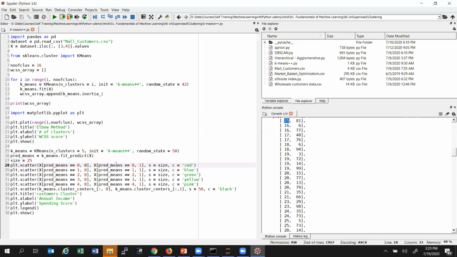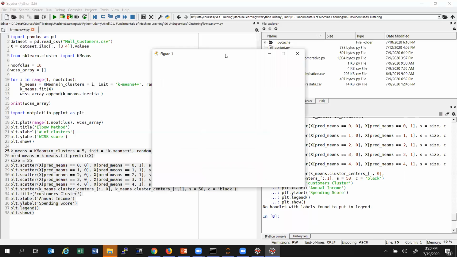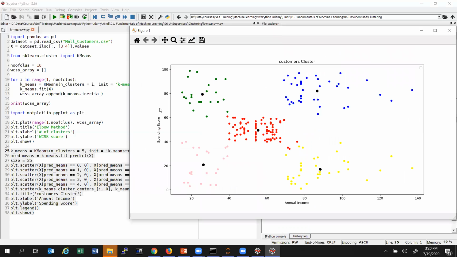And y coordinate will be the second value. So that's why when you draw the graph here, on x-axis it is annual income and then spending score.